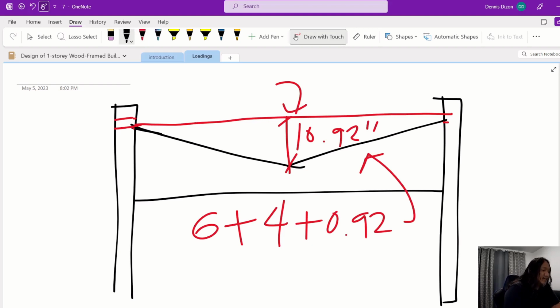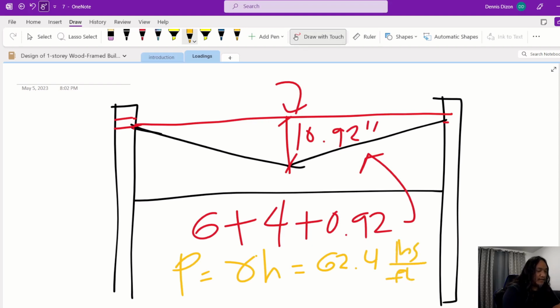Now, we will calculate how much is the water pressure at the highest level. So the water pressure is gamma times height. The unit weight of water in imperial is 62.4 pounds per cubic feet, times the height, which is 10.92 inches, 10.92 over 12.